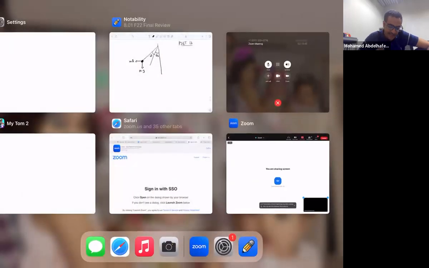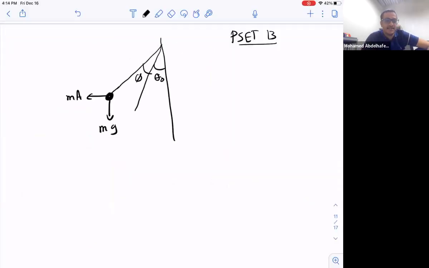Just to contrast this with this kind of oscillation in an angle, remind you, we had the force of gravity and we had this fictitious force, the Coriolis force. That's from P set 13, a very similar idea, except you're doing the oscillation in angle.